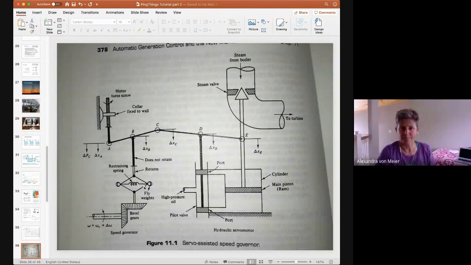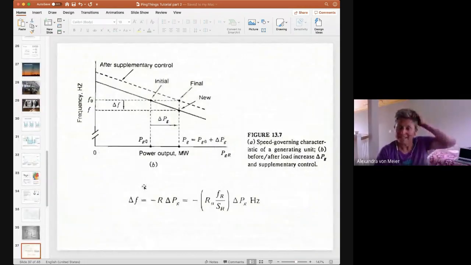This is a schematic of the old-fashioned drawing I showed you with the flyweights from the James Watt governor. But in this diagram, which is called the droop curve, what we're looking at is a setting where the generator automatically will output more power in megawatts, more steam, more cowbell, more force behind it, as it senses that the frequency goes down, and vice versa.